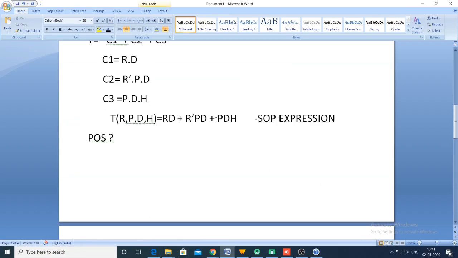Then thereafter, what is that? PDH. In this, P should be 1, D should be 1, H should be 1. All the values must be 1, then only the result will be 1.